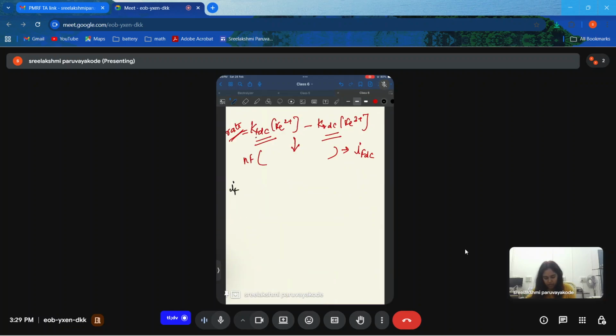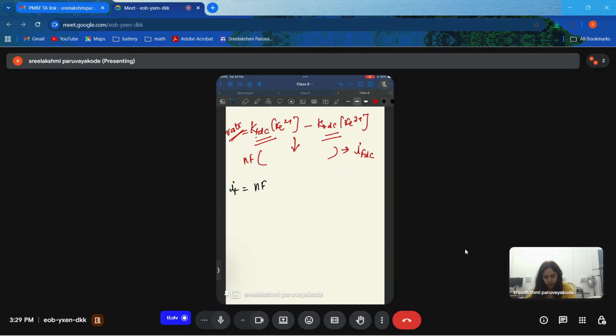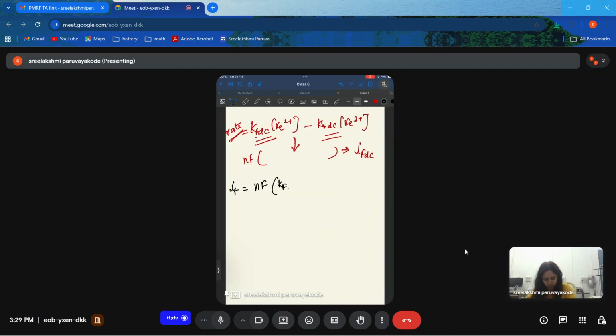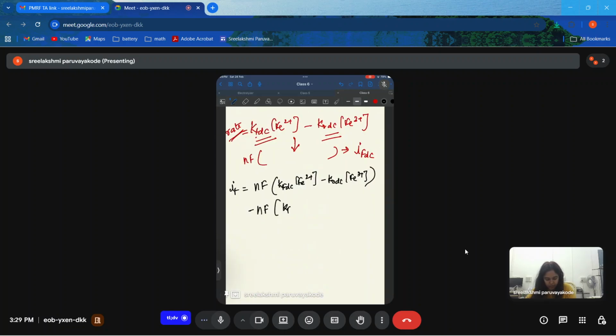So you are writing the equation to find out the total IF. IF equal to nF into, I'm going to separate it out, okay? I'm going to group this and this separately. kfDC, bf.